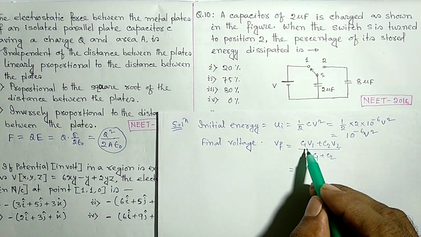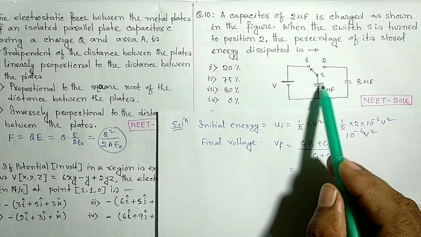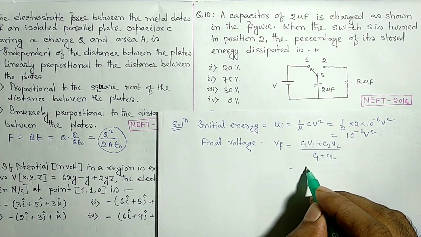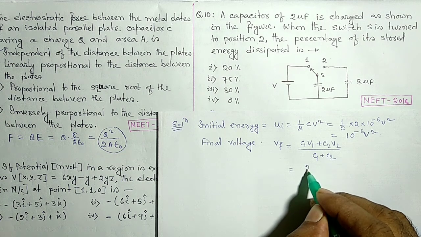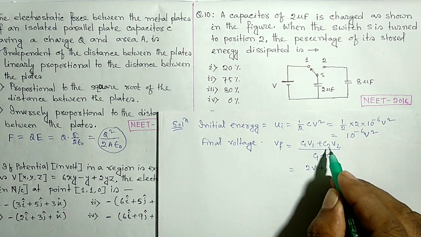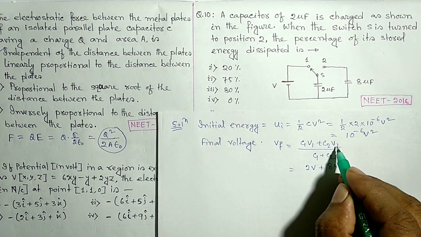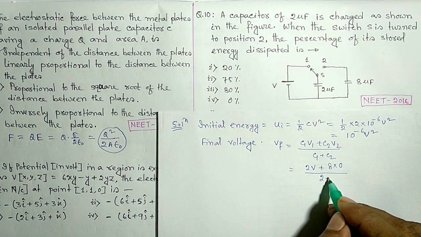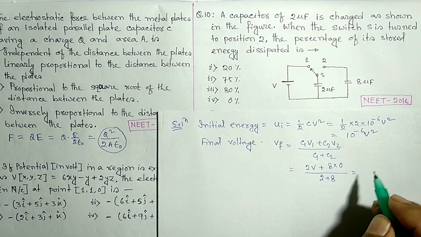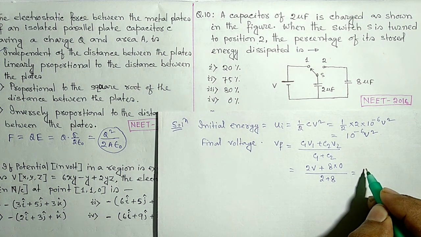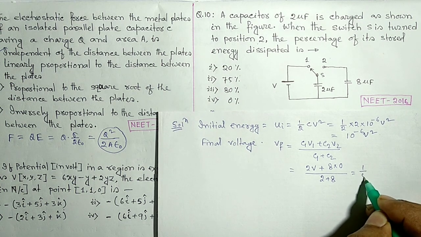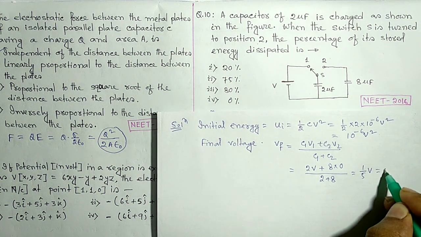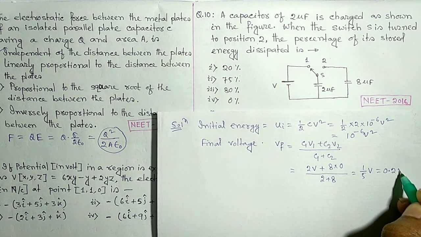This is 2V plus 8 into V2, which is initially 0, divided by 2 plus 8. It is 2 by 10, that is 1 by 5 V, so it is equal to 0.2 V.